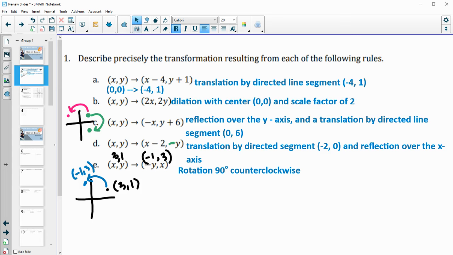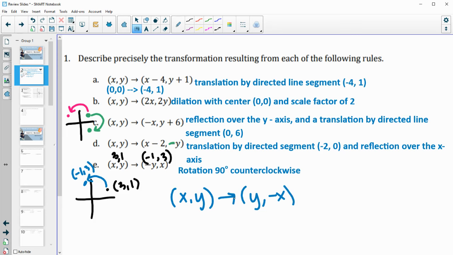But you know that it's going to be a rotation when these x and y's switch places, so when they're not in the same spot anymore. There's another one that would be like y, opposite x, or opposite y, opposite x. So you can get a couple different ones, and that means that it's going to be some type of rotation.